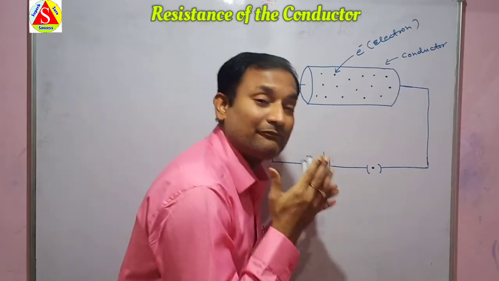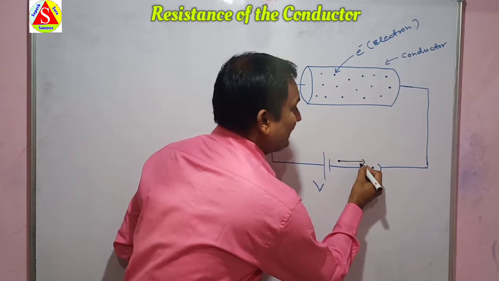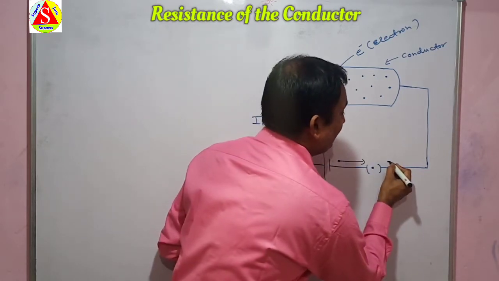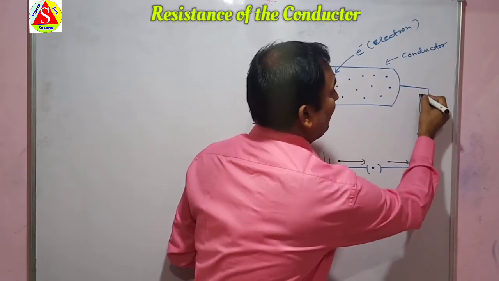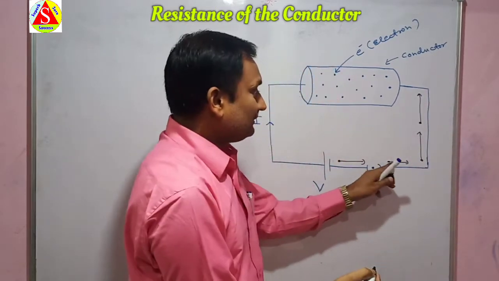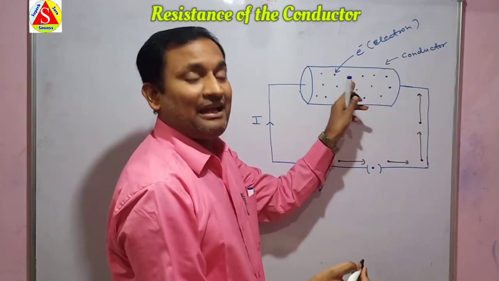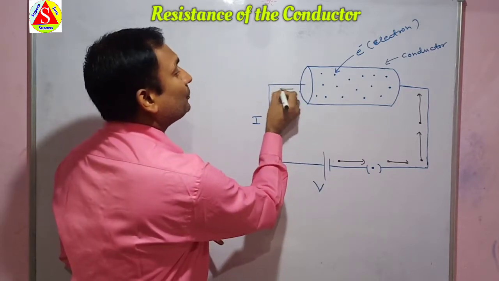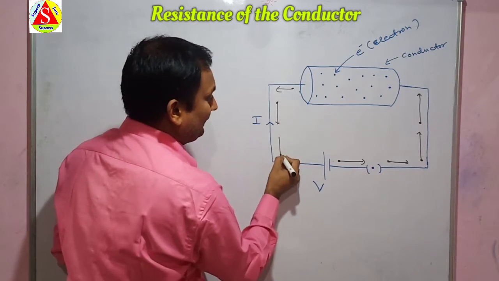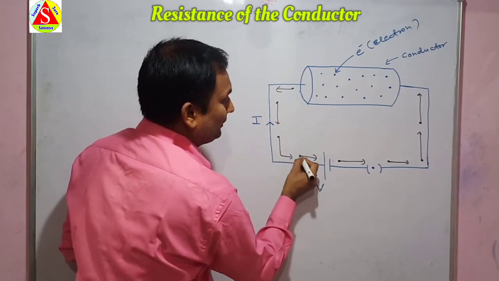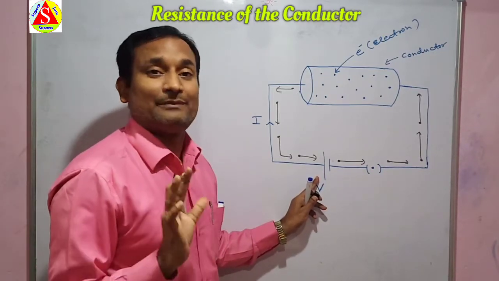When we switch on the circuit, the electrons start traveling from the negative terminal of the battery. The electrons enter from the negative terminal of the battery into the conductor, and all the electrons have to reach the positive terminal of the battery.